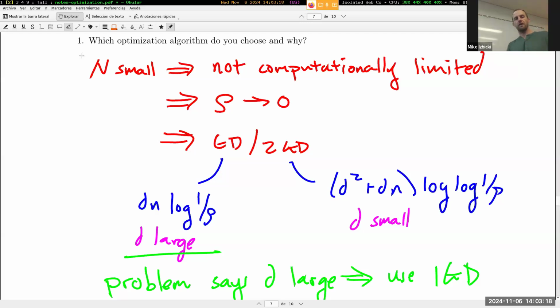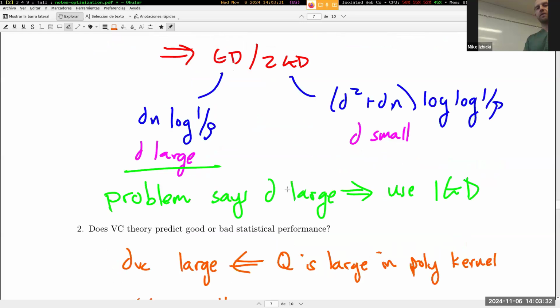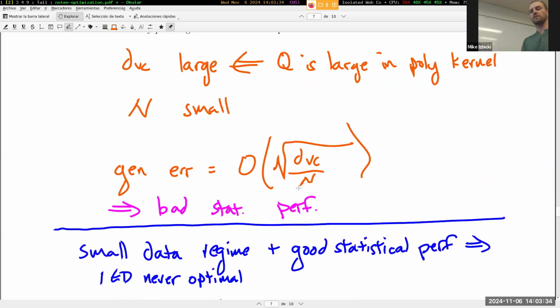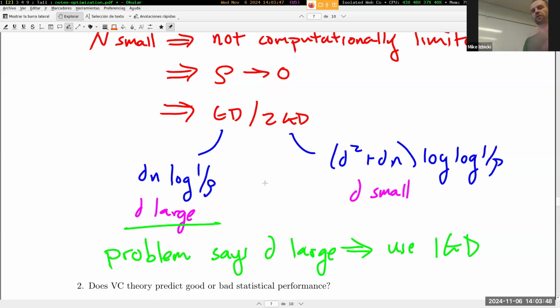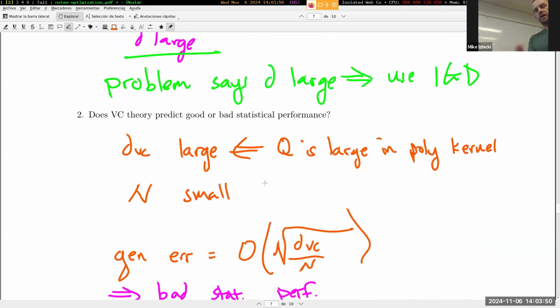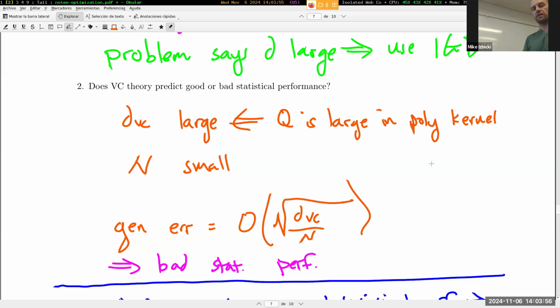That's the key thing that made 1 gradient descent correct optimization-wise up here: a very large dimension but a small number of data points. But in that situation, you're guaranteed bad statistical performance, and you never want to find yourself there. Ultimately, the only thing we care about is our statistical performance, and the runtime is just a side effect. If we had infinite compute, it wouldn't matter what algorithm we selected. We would only care about these statistical properties.